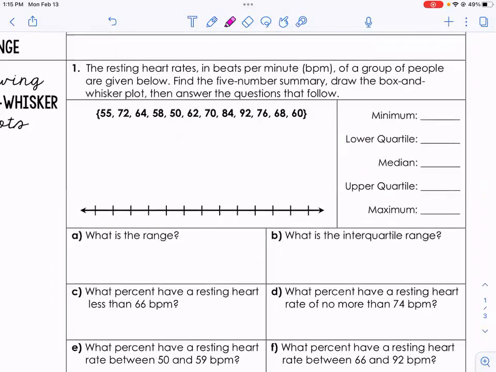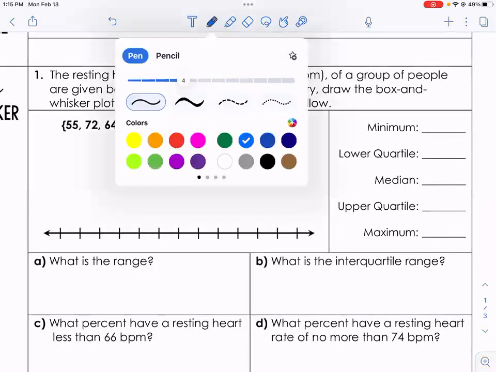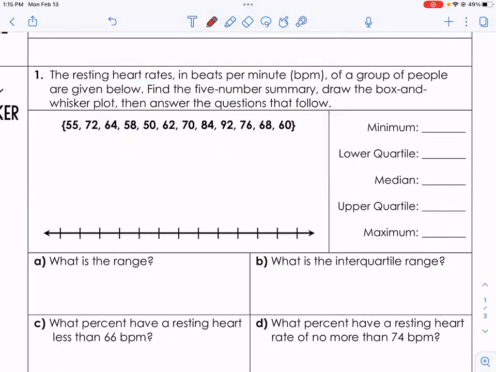So let's go to this first one right here. Let's go ahead and organize this data into ascending order. So what's the lowest number? Okay, so we have 50. Then what? 58. 60. 62. 64. 68.